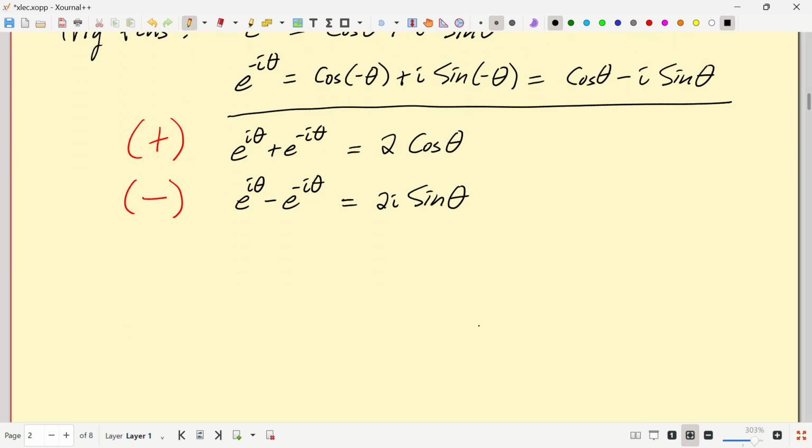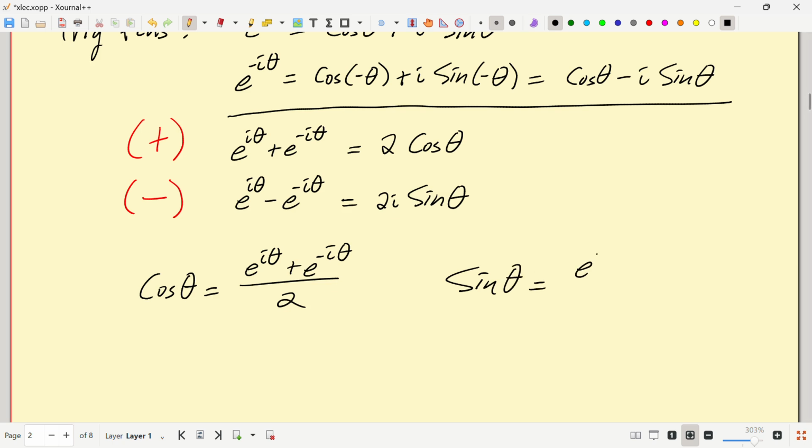And so the famous formulas you get here are that cosine theta is e to the i theta plus e to the minus i theta over 2, and sine theta is e to the i theta minus e to the minus i theta over 2i.